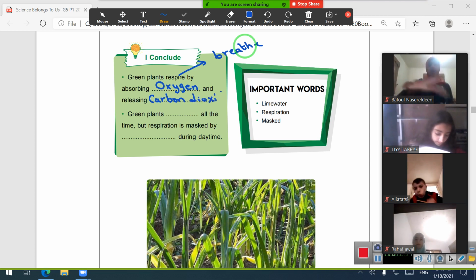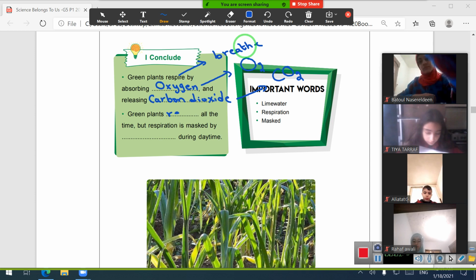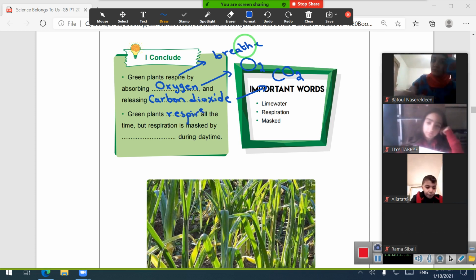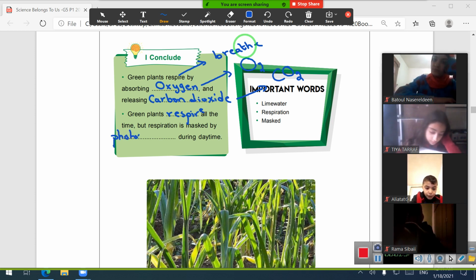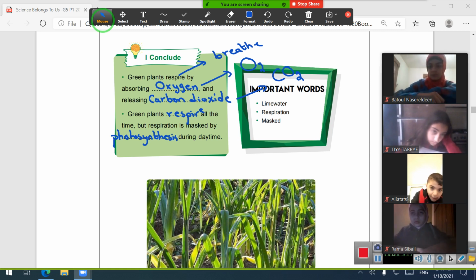Of course, teacher, you can say O2 instead of oxygen and CO2 instead of carbon dioxide: capital C, capital O, and 2 next to the O. So green plants respire or also breathe all the time, but respiration is masked by photosynthesis during daytime. This is the answer of I conclude, page 53.